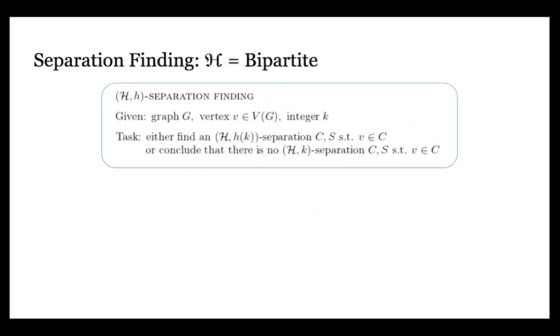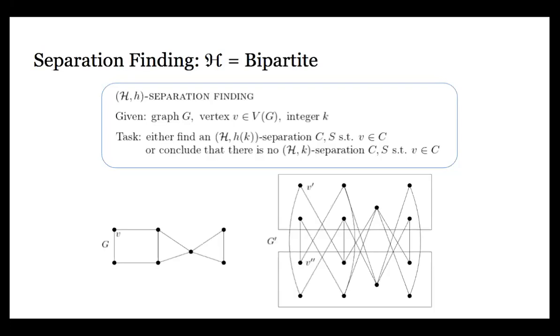So let me now focus on this subproblem of separation finding, and again I will show how this works for bipartite graphs. So we are given graph G with a specified vertex V, and we want to find possibly arbitrarily large vertex set C that induces a bipartite graph but has small neighborhood.